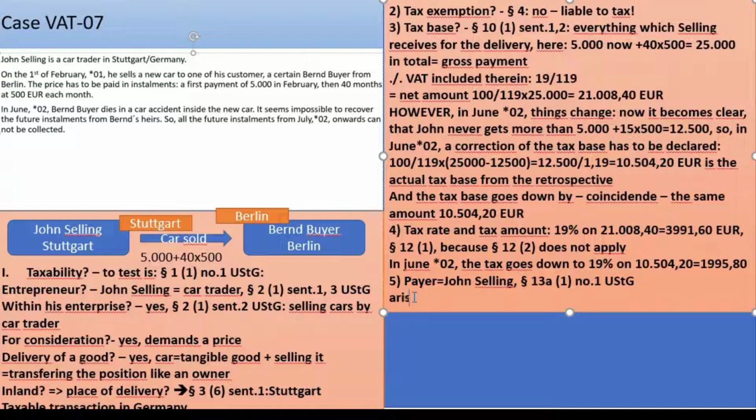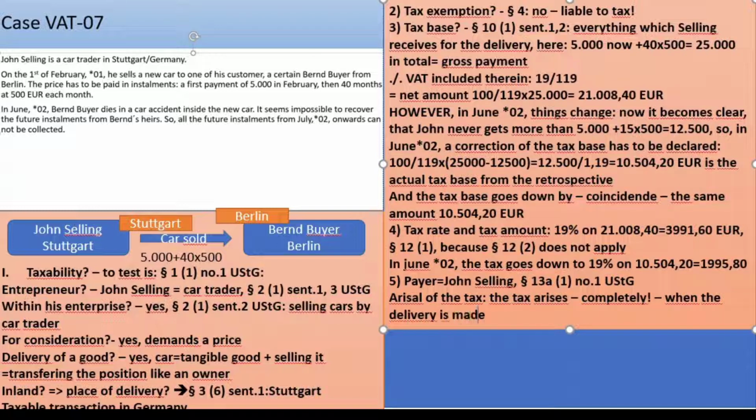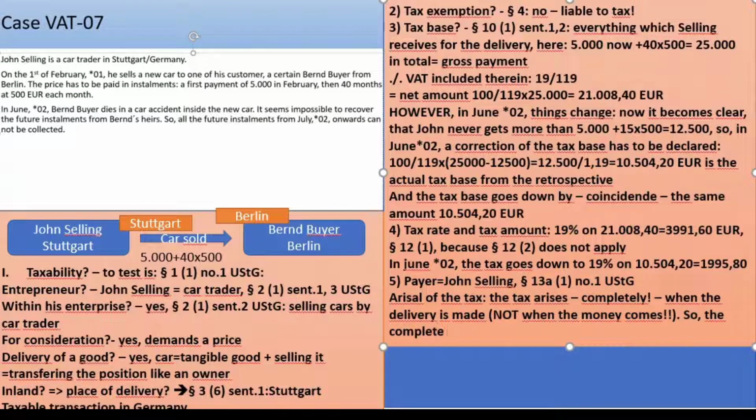Then arisal of the tax. That's now bad. The tax arises completely when the delivery is made, not when the money comes. So the complete tax of initially, what was it?